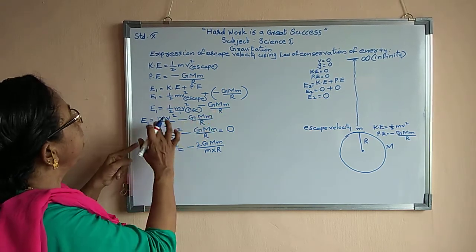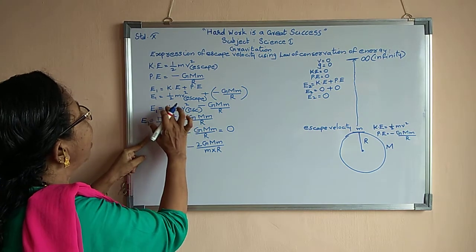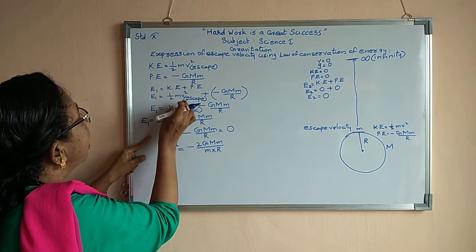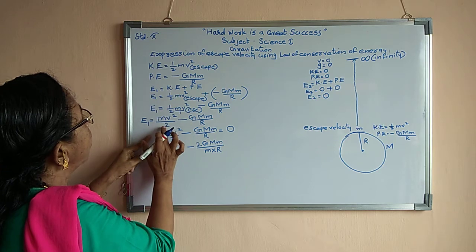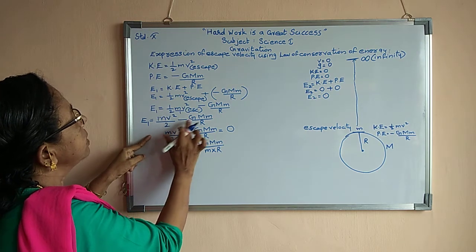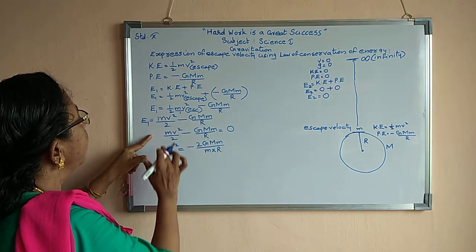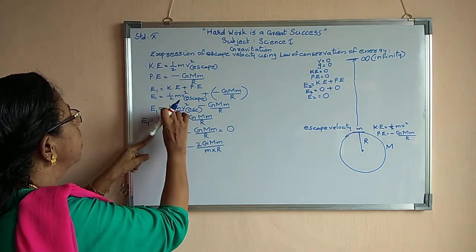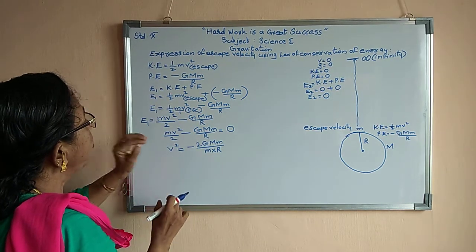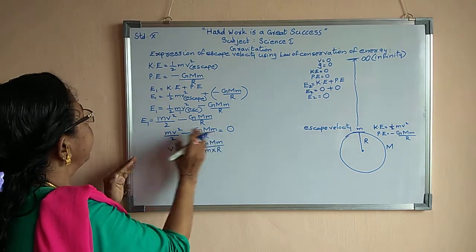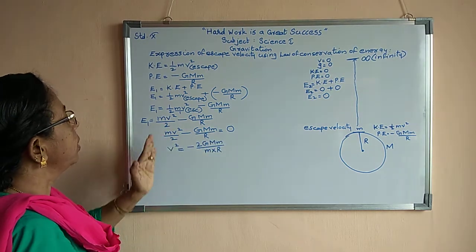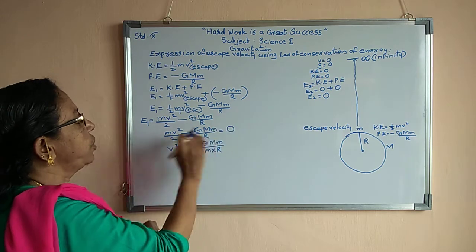Now again from the formula half mv square minus G M m upon R, half mv square I write like mv square upon 2 minus G capital M small m upon R. Now I am separating the v square here. One more thing before that, I removed this E1. Now it is made in equation form.